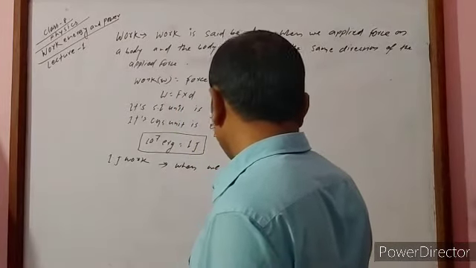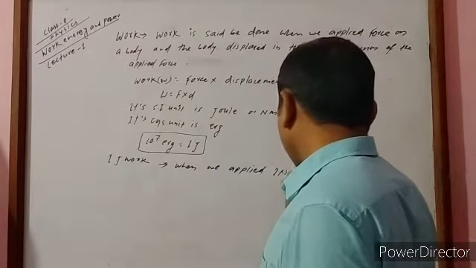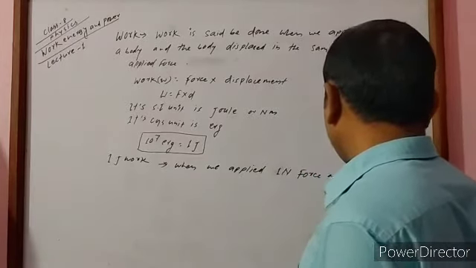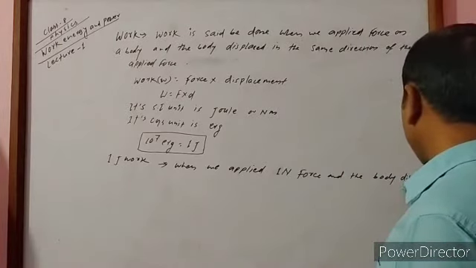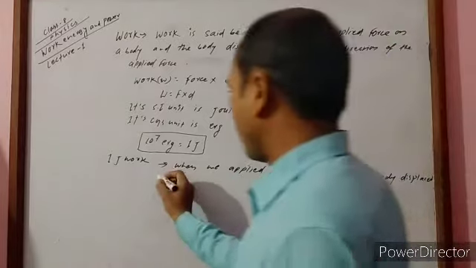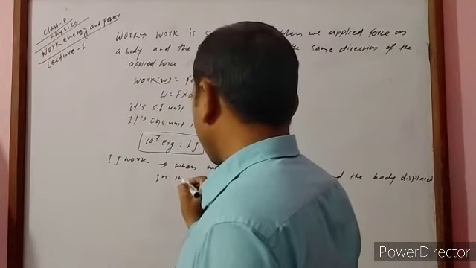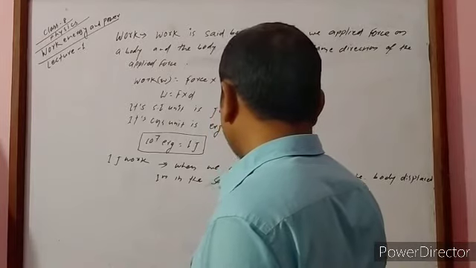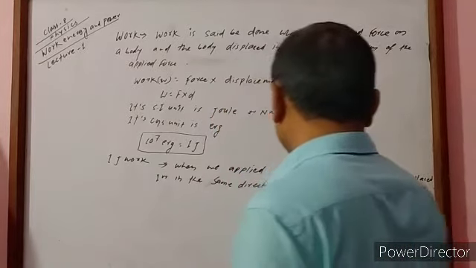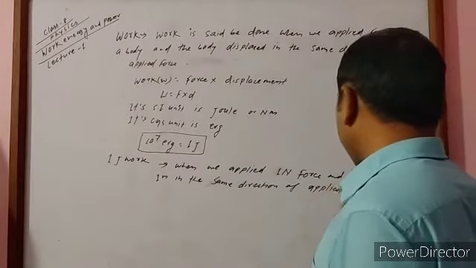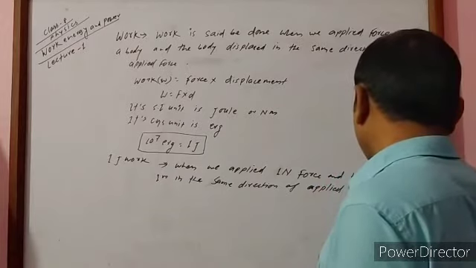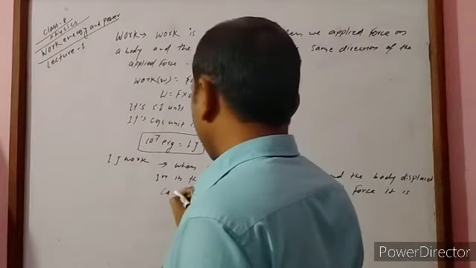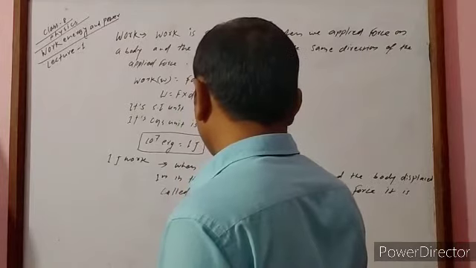When we apply 1 Newton force and the body is displaced 1 meter in the same direction of the applied force, it is called 1 joule work.